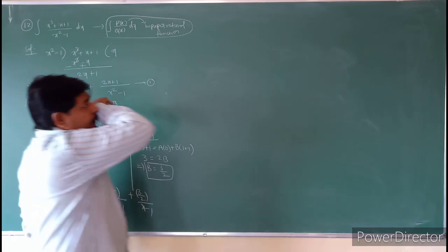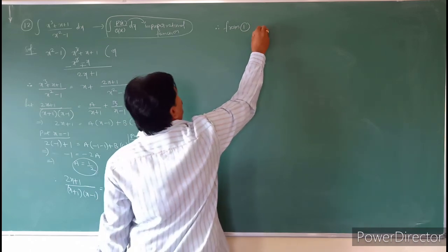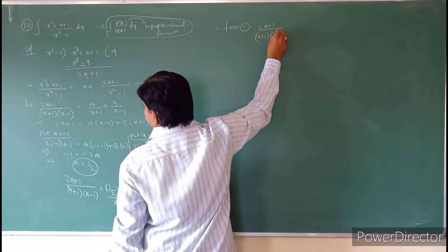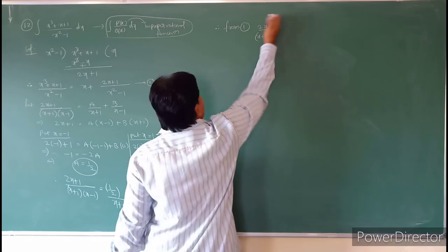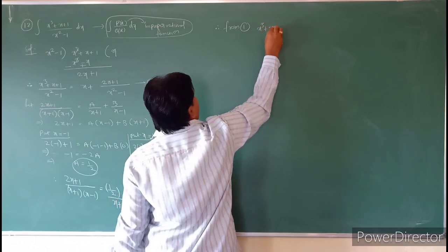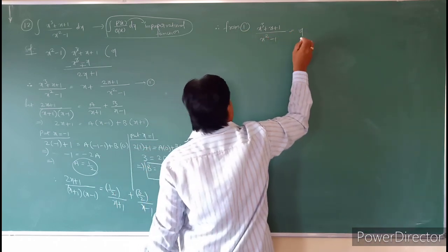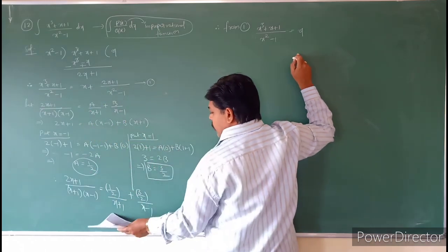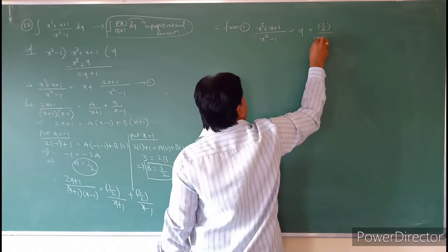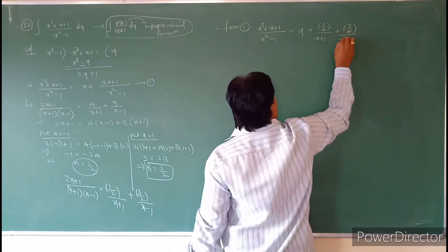From equation 1, we can write that equation number 1 is x cube plus x plus 1 by x square minus 1 is equal to x plus this value, which you already wrote, 1 by 2 by x plus 1 plus 3 by 4 by x minus 1.